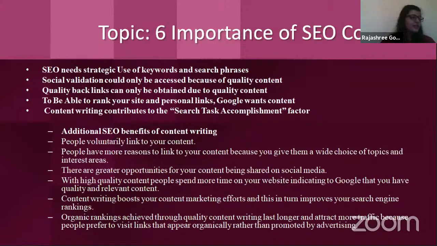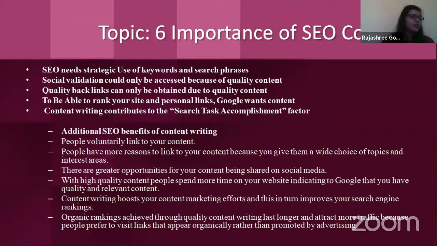Content writing also contributes to the search task accomplishment factor. This is a new trend and a buzzword in digital marketing. On the internet, especially in the content marketing and SEO circle, search task accomplishment is a new buzzword. Google is going to rank your content according to the true purpose of its solve.